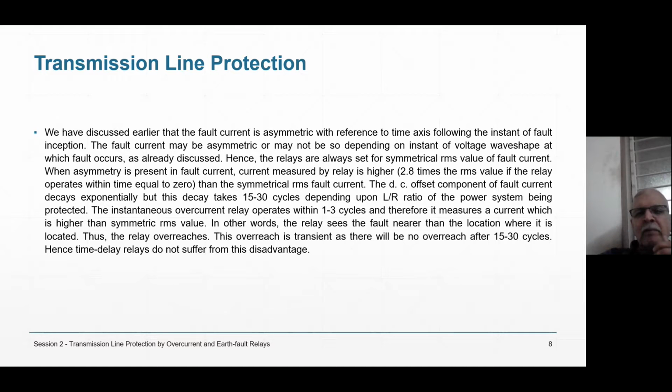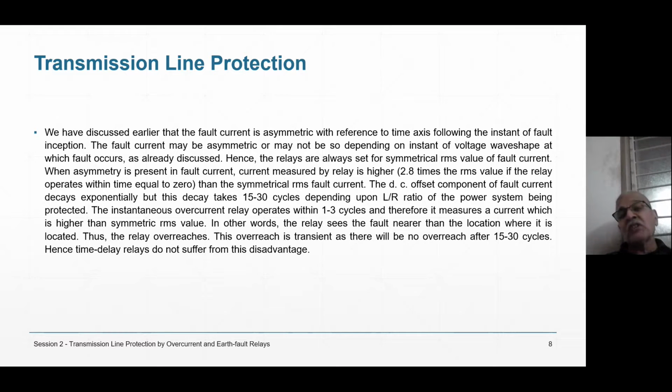The fourth problem is that we have already discussed that the fault current is asymmetric, right? In first few cycles, means up to about 30 to 50 cycles, depending upon X by R ratio, your wave shape of current is asymmetric with reference to timeline. Then it becomes symmetric.